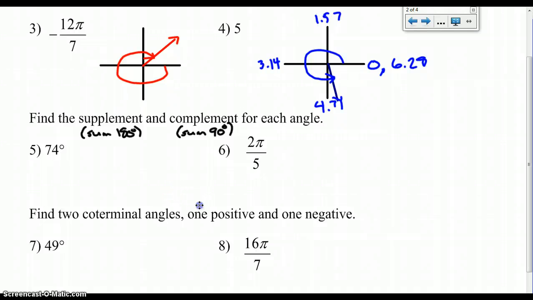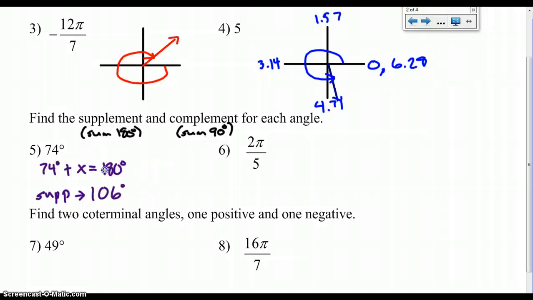So if we looked at 74 degrees, if I want to find the supplement, I would say 74 degrees plus my unknown, I can call it an x, would equal 180. So my supplement would be 180 minus 74, or just simply 106 degrees.